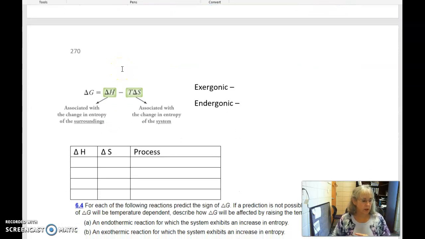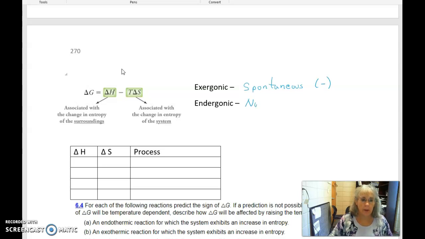Now our reaction: exergonic means that it's going to be spontaneous, and it's negative.